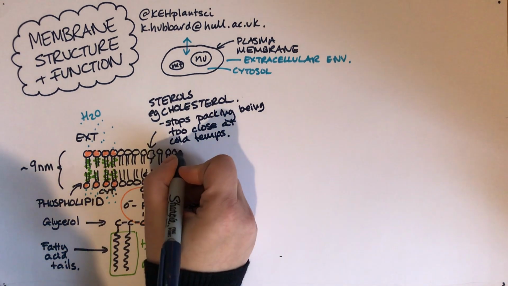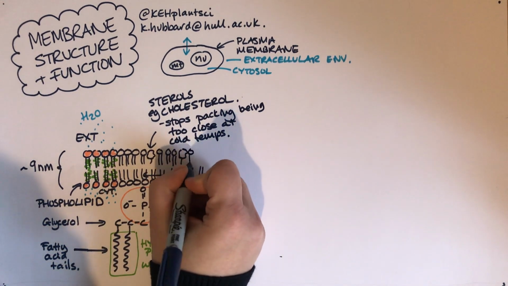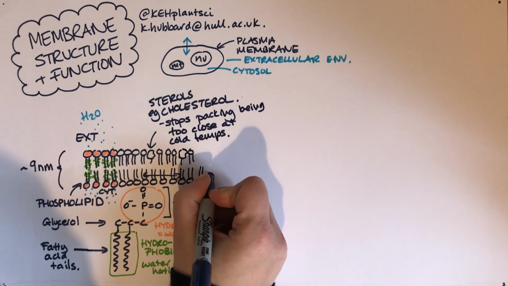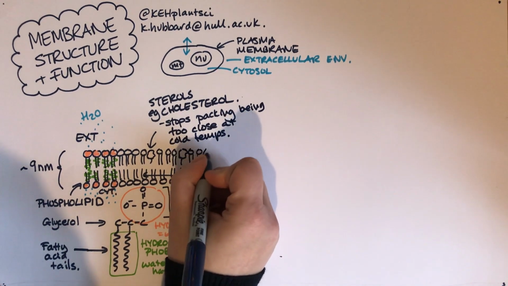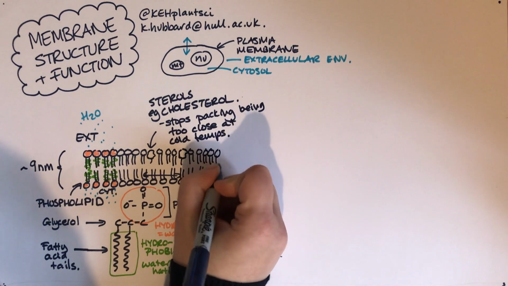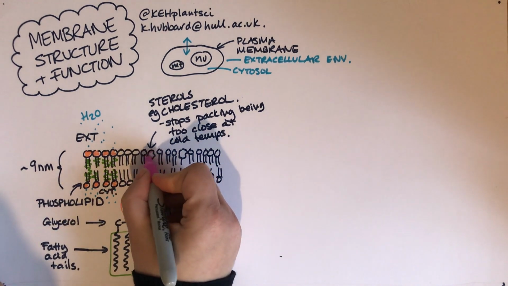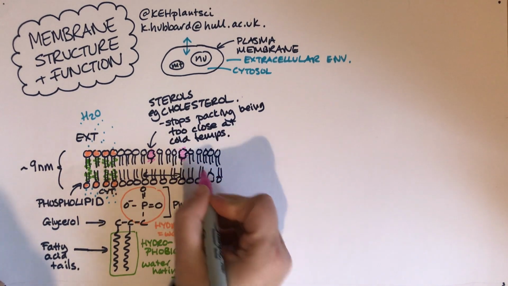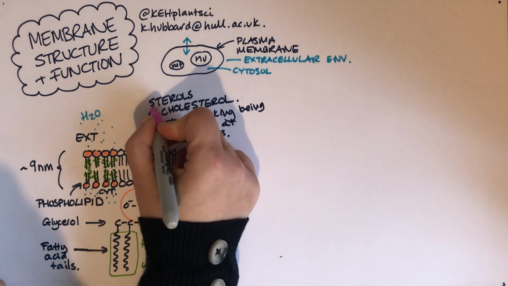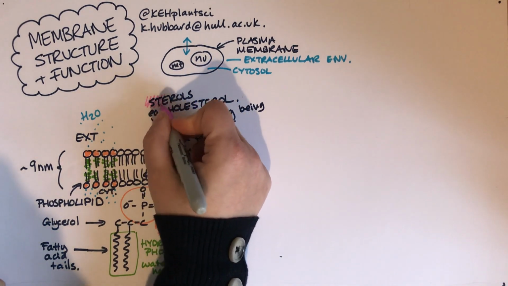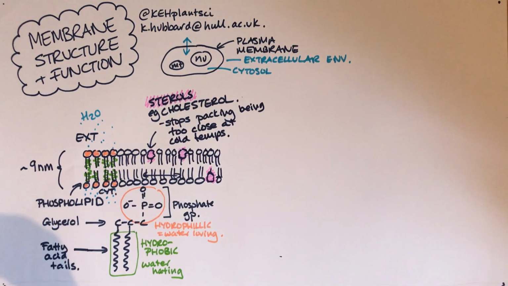So those cholesterol molecules are in there every so often. They are on both sides of the membrane, in order to have the right fluidity of the membrane. So I'll just colour those cholesterols in pink. But they're found every so often through the membrane as well.